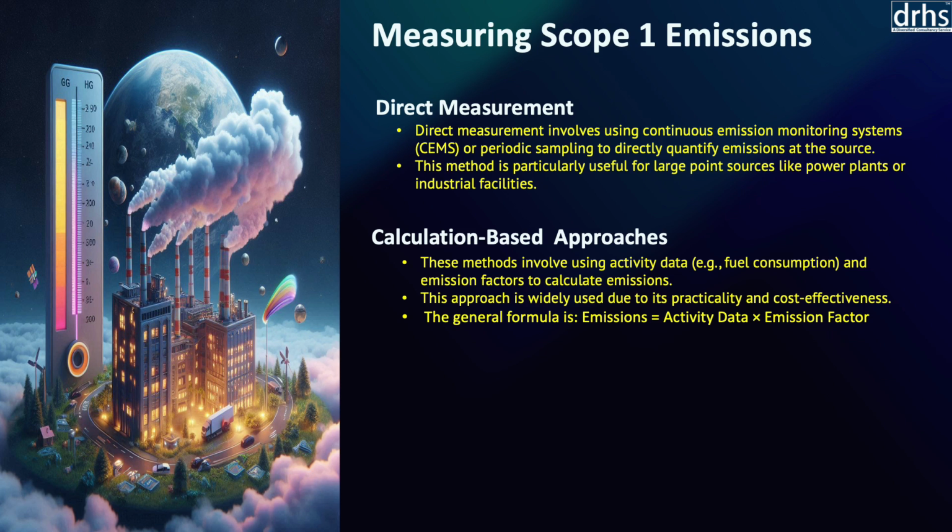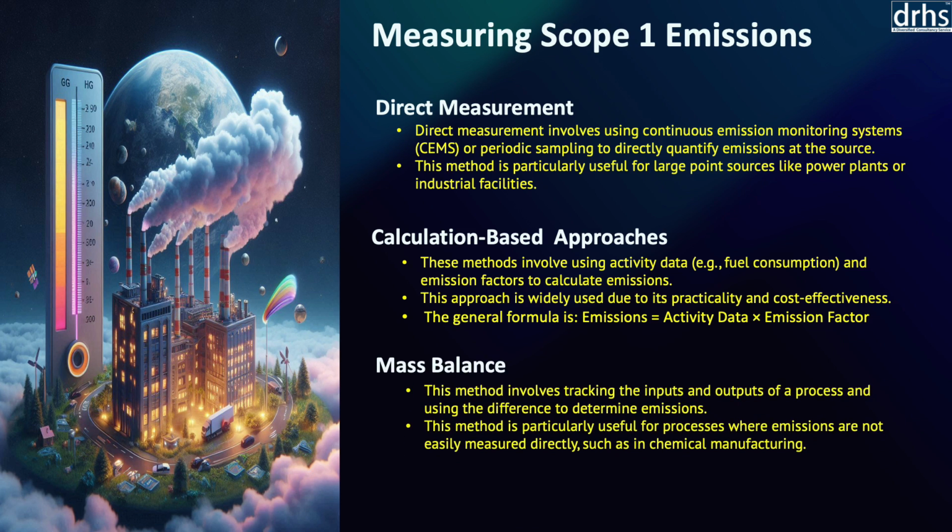The next is related to mass balance. The mass balance method calculates emission based on the principle of conservation of mass, where the amount of greenhouse gas entering and leaving a process is measured and the difference is attributed to emission. This approach is particularly useful in processes where greenhouse gas are inputs, outputs, or byproducts such as in chemical manufacturing.